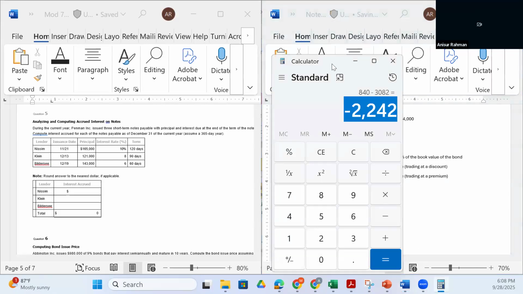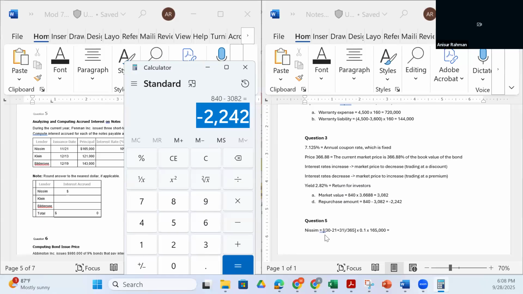So this will be first 30 minus 21 plus 31 is this, divided by 365, which is this.